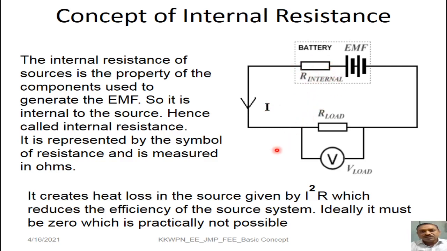Now this internal resistance of the battery will produce a heat loss as per Joule's law, and that heat will be equal to I squared R t, where small t is the time during which the electric current flows through the battery, and this reduces the efficiency of the given power source. So ideally this R should be 0, but this is practically not possible. So at least we must minimize the internal resistance of the battery, thereby optimizing the efficiency of that source.